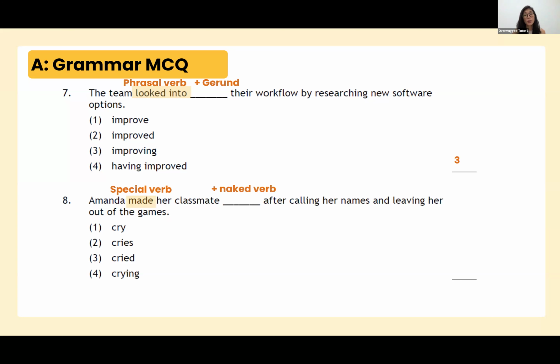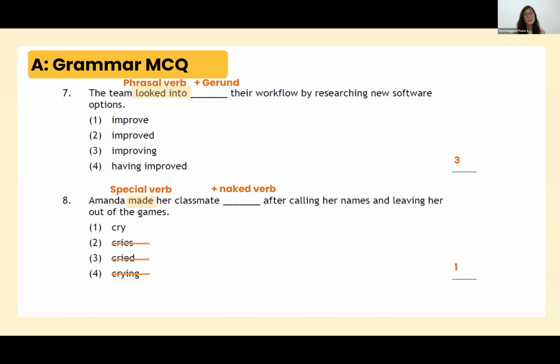In your school, your teachers might tell you it's the base form, but basically it's the verb that has no S, no ED, and no ING. So it is not option 2, option 3, or 4. So our answer can only be option 1.